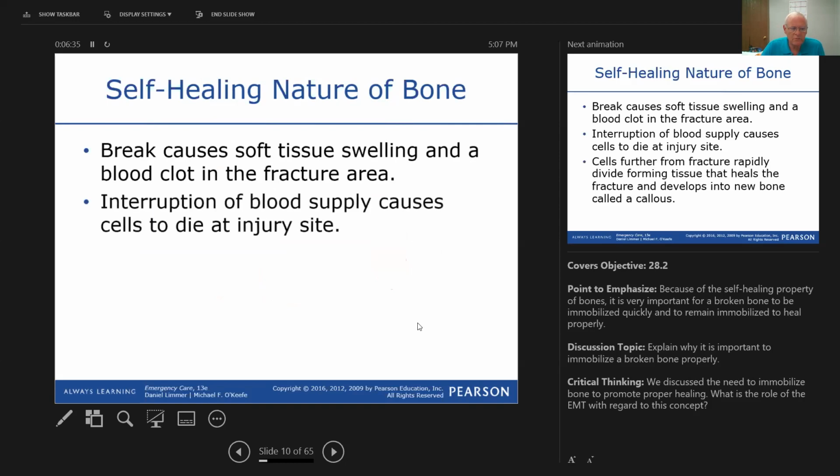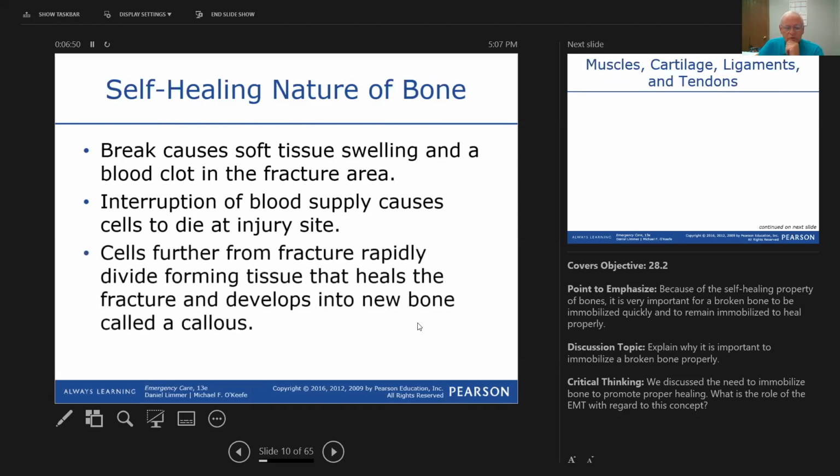And so when that happens, again, we said bone does have blood vessels. You can interrupt the blood supply, and then some of the bone cells will begin to die at that injury site. Cells that are a little further away will start rapidly dividing to start forming new bone tissue.